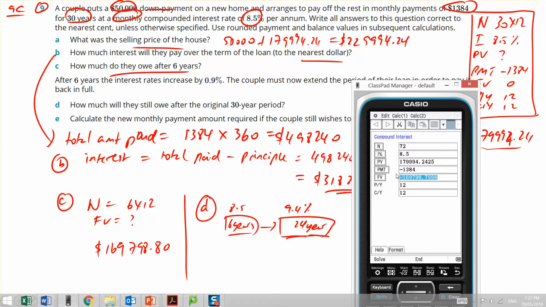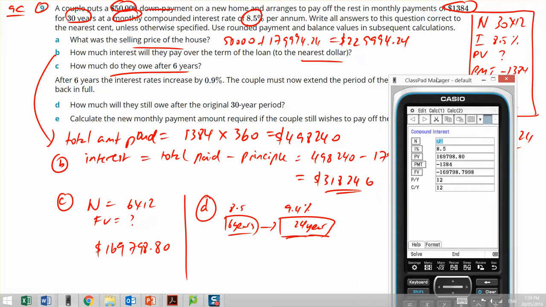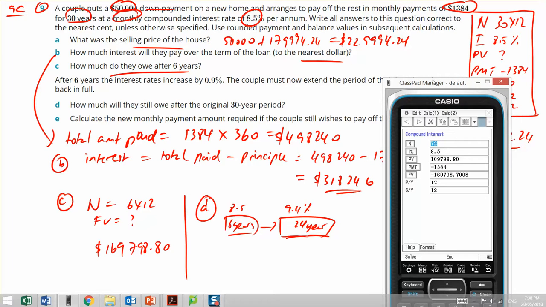We're going to copy the final value and put it up on top, in our principal value, because this is like a transition period. For the 30-year period, 6 years have already passed, so how many do we have left? We've got 24 times 12.